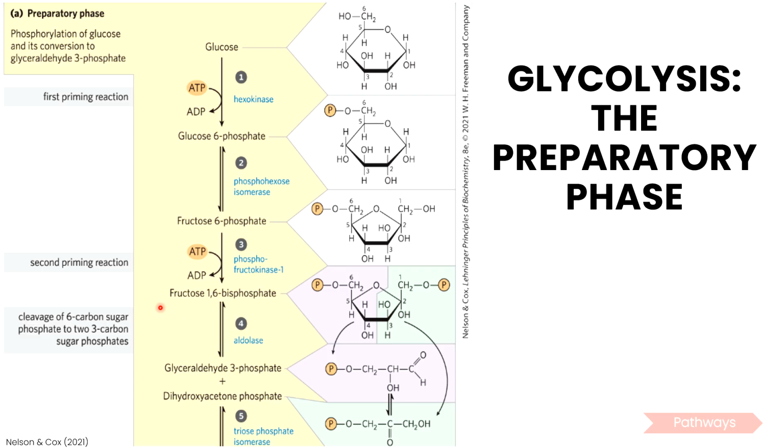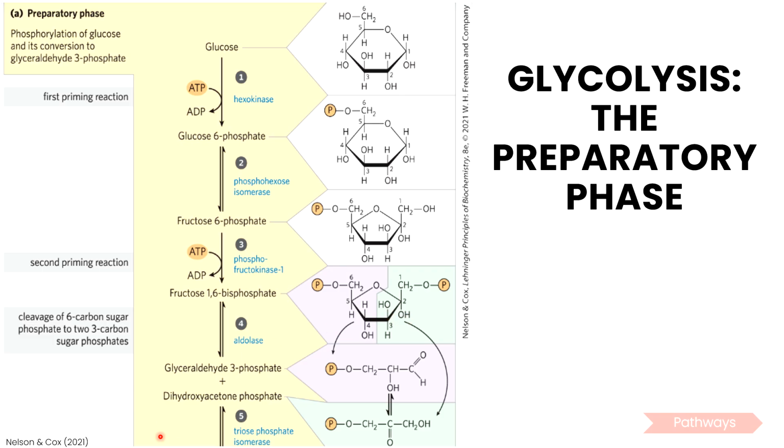So now we're reaching an enzyme that's going to become especially important later in the lesson, Aldolase. Aldolase cleaves the 6-carbon fructose 1,6-bisphosphate into 2 three-carbon products, glyceraldehyde 3-phosphate, or GAP, and DHAP.